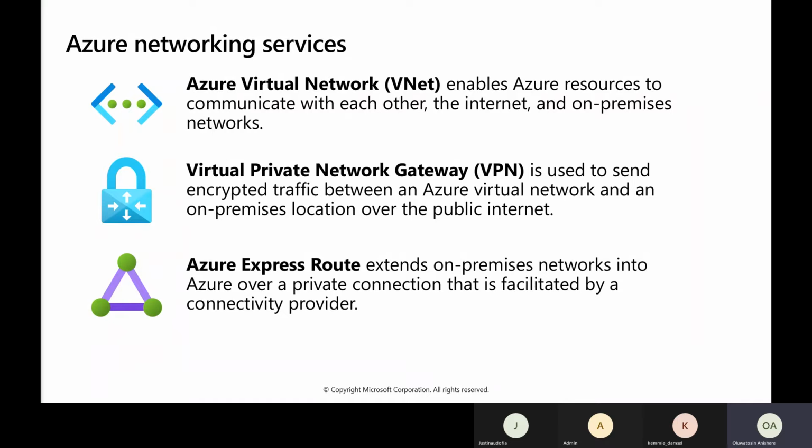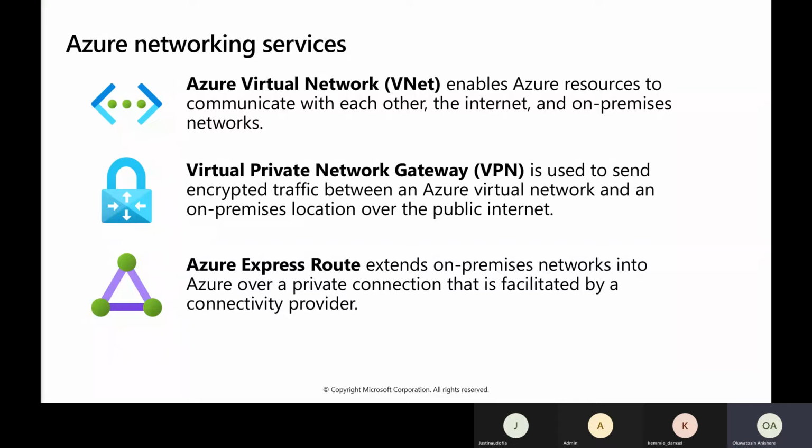It can be our router, it can be servers, it can be a firewall, you know, those devices that just enable connectivity. And like I said, we can have a site to site and a point to site VPN.